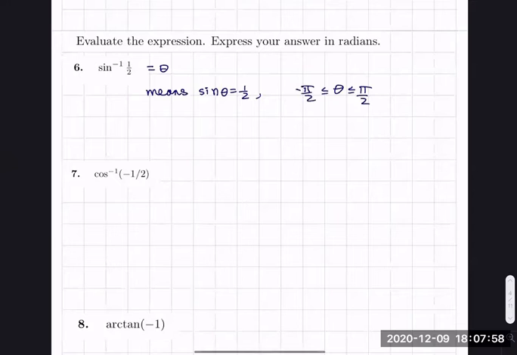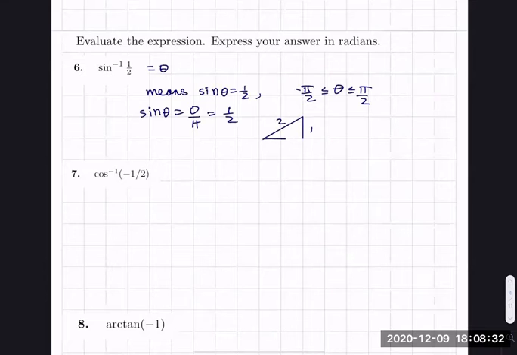Now, because we're finding sine inverse of a positive number, we'll just look in quadrant 1. So whether it's sine inverse, cosine inverse, tangent inverse, if we're looking at those inverse functions of a positive number, we're thinking quadrant 1. Then sine theta is opposite over hypotenuse, and that makes 1/2, and we can make a triangle that we sort of try to memorize.